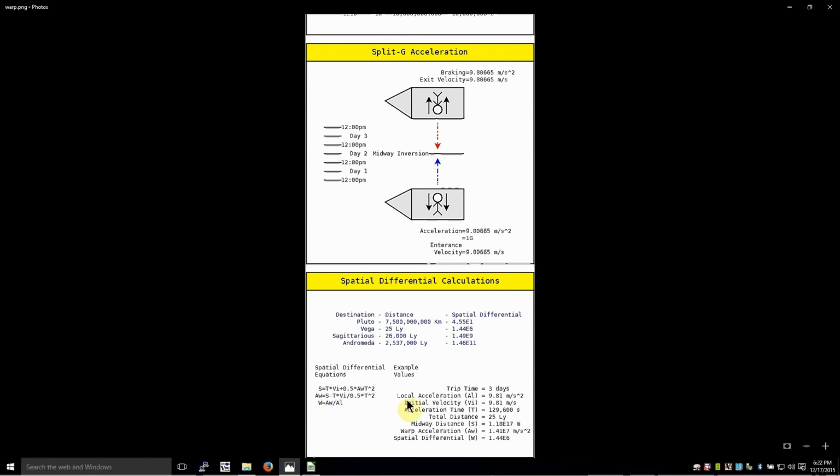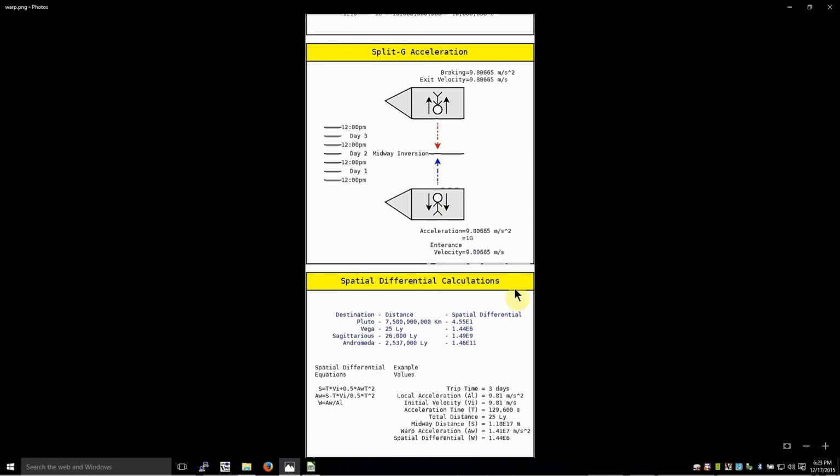You take that acceleration value that you just did and divide it by your local acceleration. So you're only going to be experiencing 1 G of gravity, and in reality with that level of spatial differential, which is 1.44 warp 6, you're actually going to be traveling at a rate, or acceleration, and that is about it.